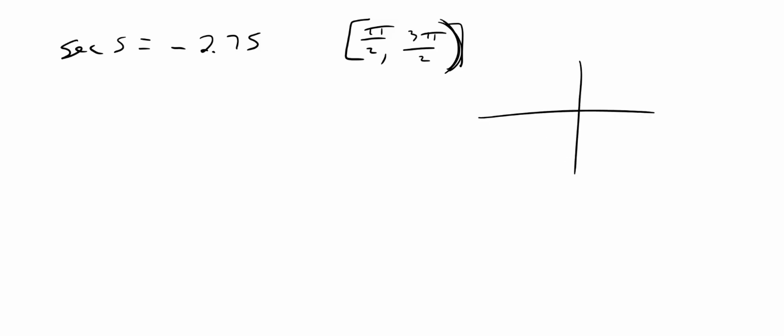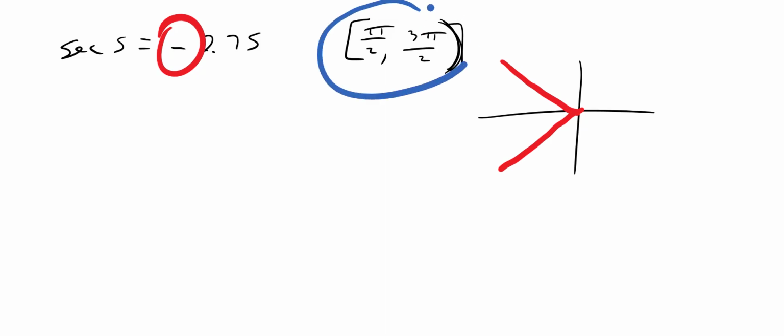The first restriction is the sign. It's this negative, and secant goes with cosine, and cosine is negative in this quadrant and this quadrant. Okay, and then our next restriction is this one, between pi over 2 and 3 pi over 2, which is between these 2 quadrants. So it matches up for both of them. So we actually have 2 answers for this problem.